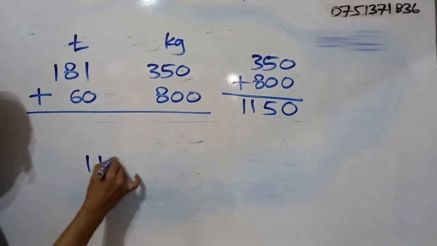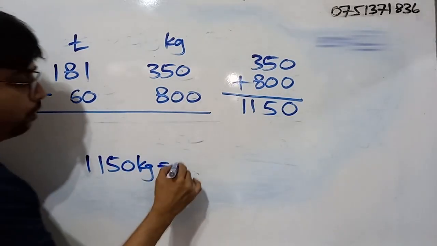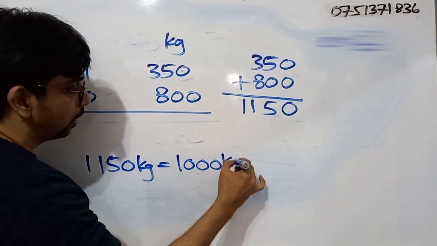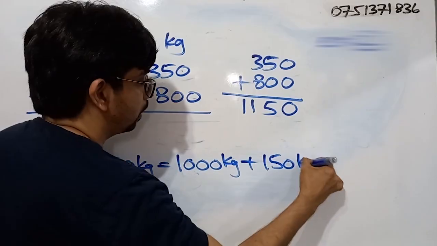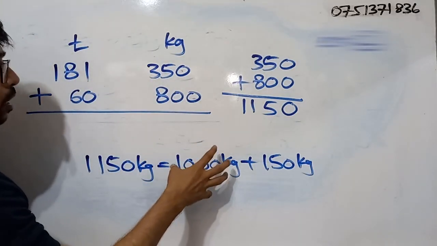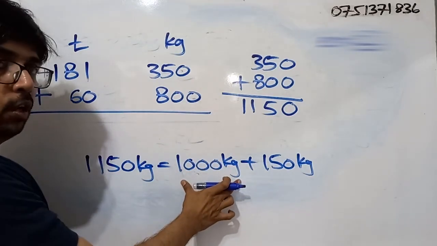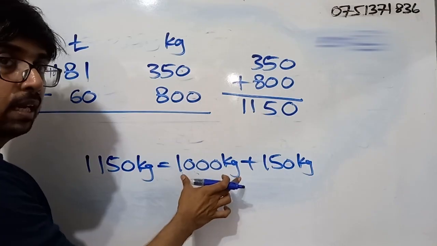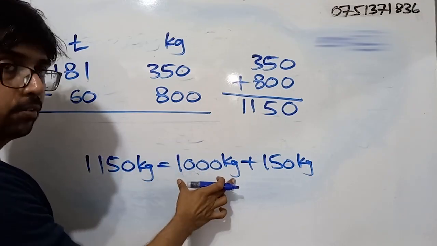So 1150 kilograms. I can rewrite this as what? 1000 kilograms plus 150 kilograms. So this 1000 kilograms we know is what? 1 ton, no? This 1000 kilograms we can convert it into what? Metric tons. So it will be 1 metric ton.